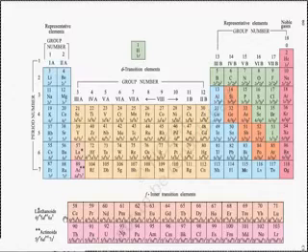So here we call them inner transition elements or f block elements. They have also been given the names lanthanoids, for this series, and actinoids for this series.